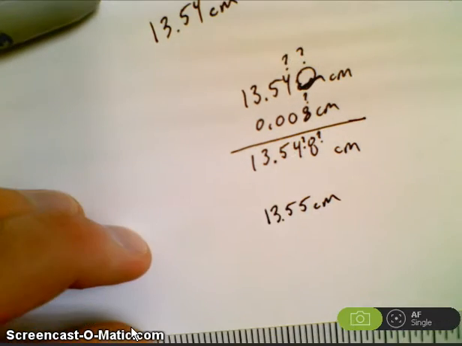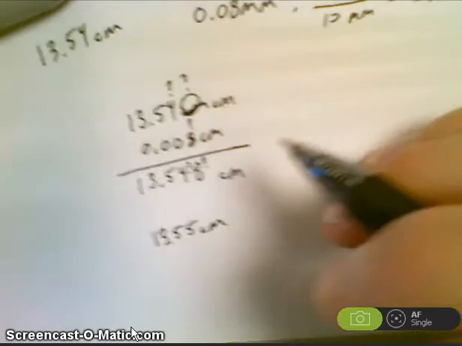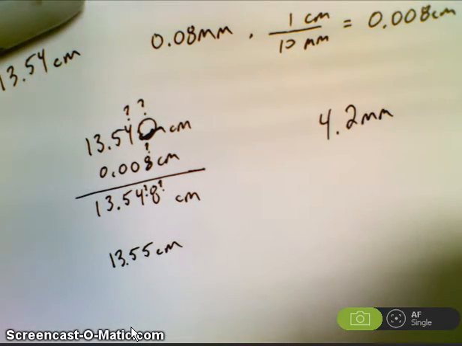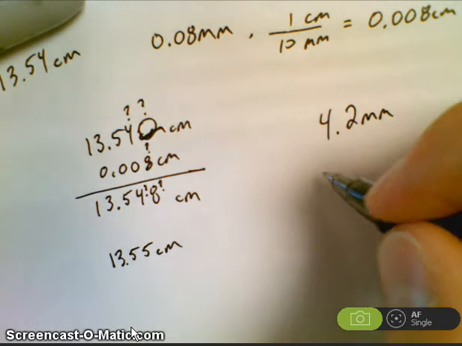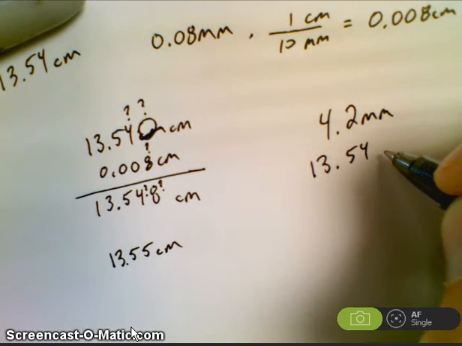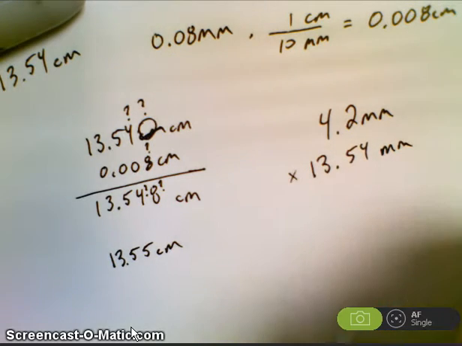With multiplication, we use the number of significant digits, but it's really an addition rule. For example, if I take the number 4.2 millimeters that we looked at before and a number of 13.54, and we'll just call these millimeters as well, and I multiply these numbers together.